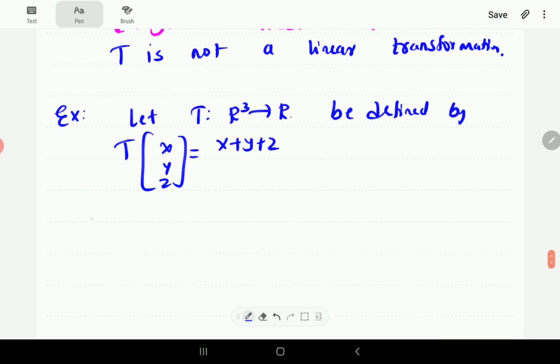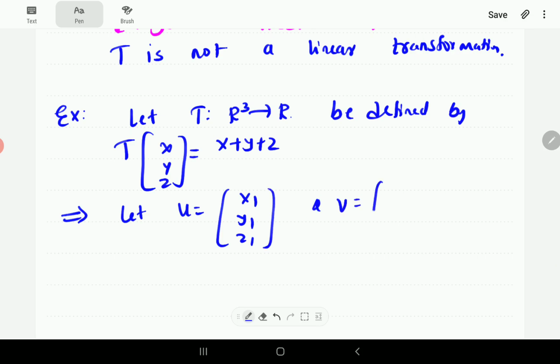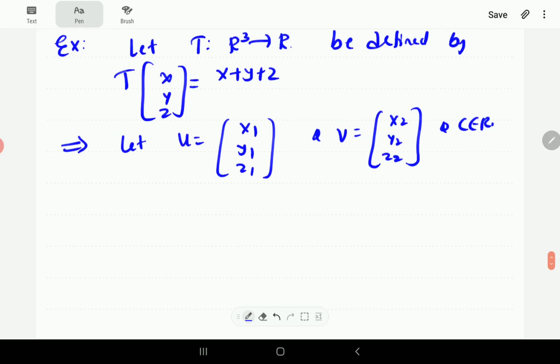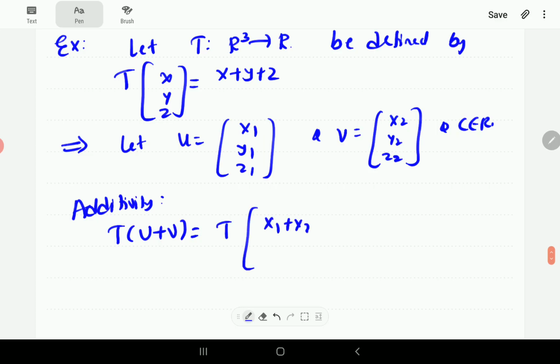To check that, let u be (x1, y1, z1), v be (x2, y2, z2), and c any real number. Additivity, that is T of u plus v, is equal to T of (x1 plus x2, y1 plus y2, z1 plus z2).